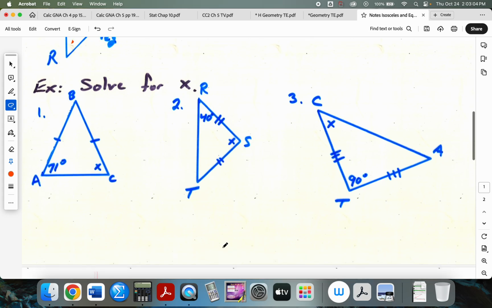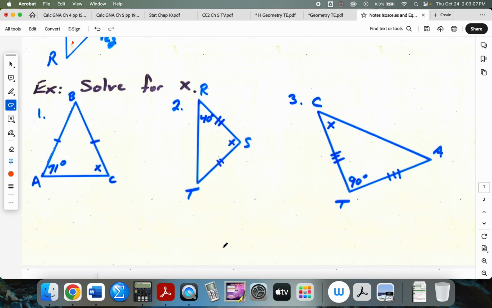For example, these three, where we're solving this for x. I'm going to suggest to you, it's not a requirement, but it's a suggestion, that you always mark which side is the base. So here are the two congruent sides. This side then is the base.